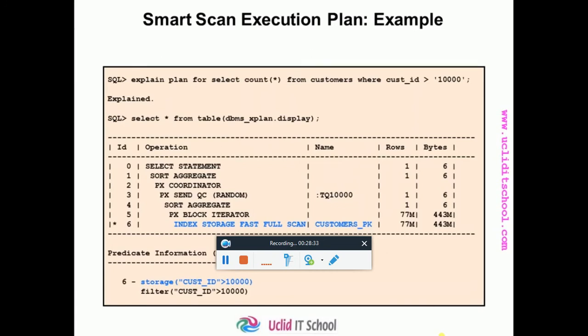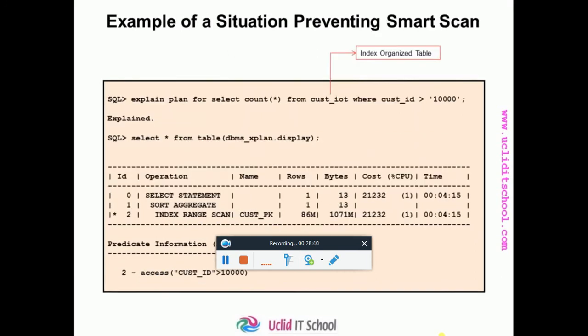For that index scan, it is saying that Smart Scan is possible. Then this particular execution plan doesn't show any Smart Scan operations. Why? Because this query is on an index organized table. For an index organized table, Smart Scan will not be used. So that way, there are no Smart Scan related operations shown in the execution plan.